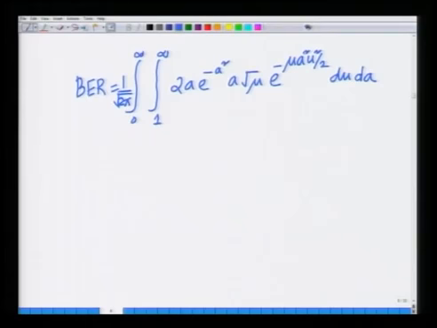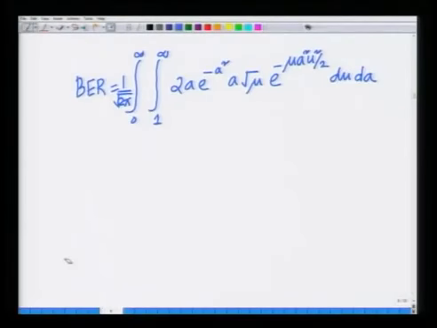Now, I am going to use a trick that we often use in electrical engineering very frequently, especially in the context of Fourier transforms and other such manipulations, which is I will now flip the order of these two integrals. Remember, the inner integral is with respect to u and the outer integral is with respect to a.